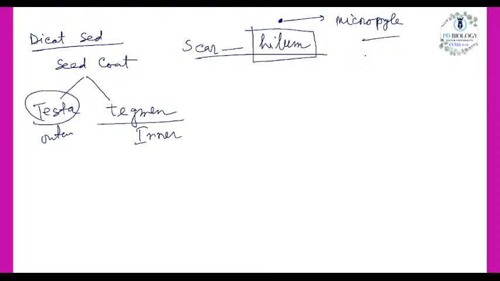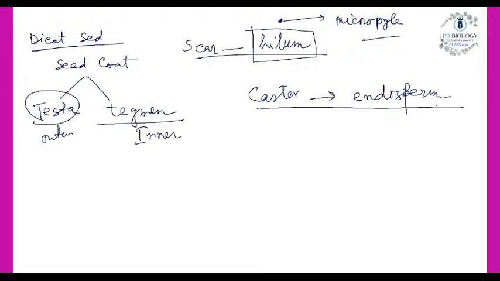In some seeds such as castor, the endosperm is formed due to double fertilization, the food storing tissue.